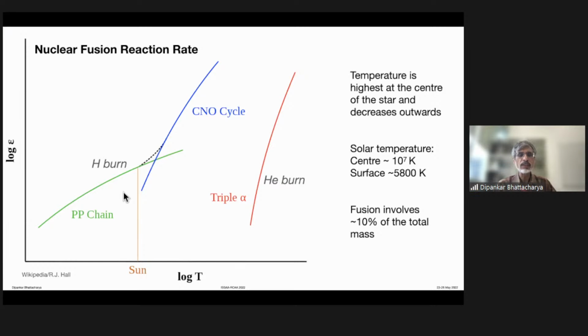That is about 5,780 Kelvin. There is a huge difference in this temperature. So 10 million Kelvin at the center, which is required for hydrogen burning, and the surface temperature at 5,780 Kelvin. So the temperature decreases dramatically from the center to the surface.